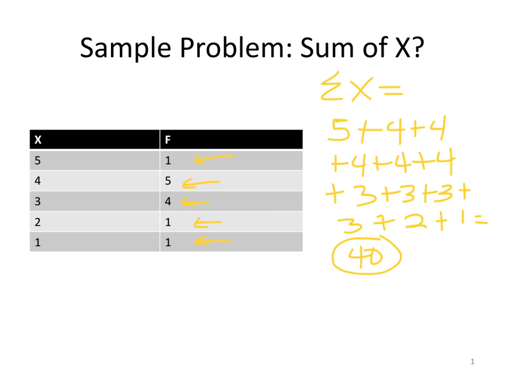And remember, the key here is to take into account each time that you have that particular variable in terms of its frequency. Now, the further question usually is the sum of the x squares. So here what you would have is you would have 5 squared occurring once. But notice 4 square is going to occur 5 times. So we have 4 square occurring 5 times.